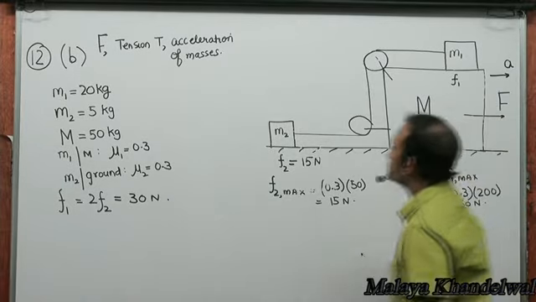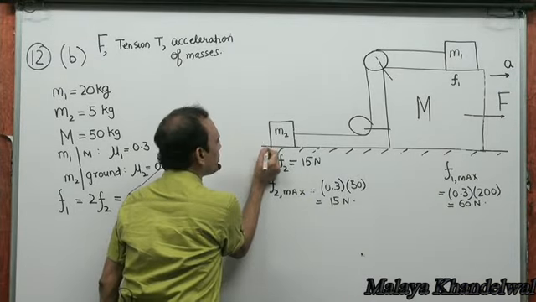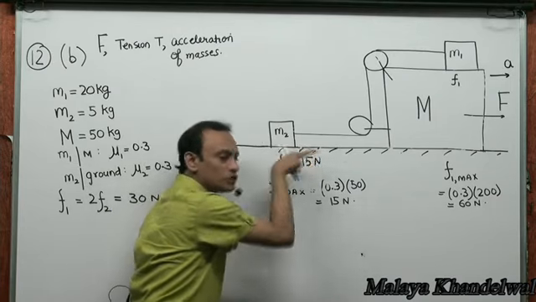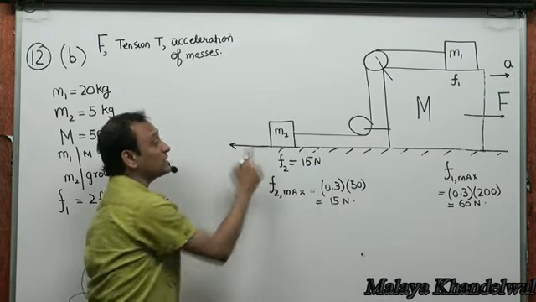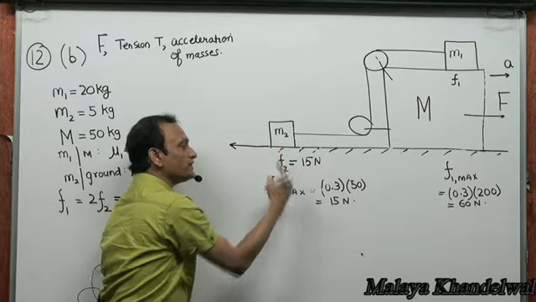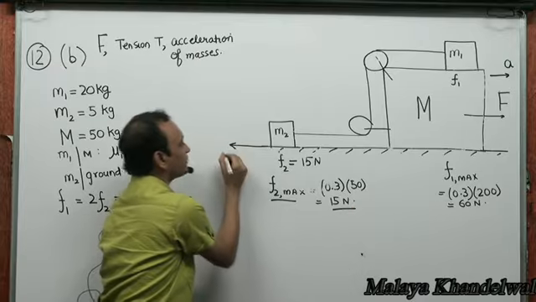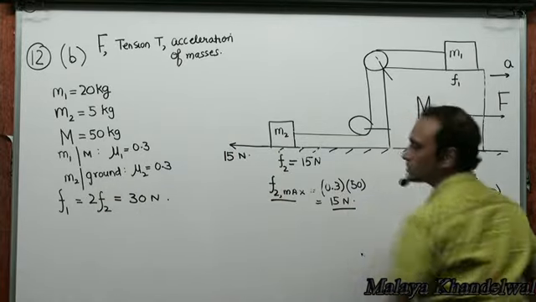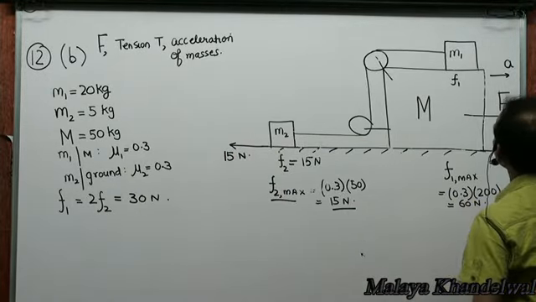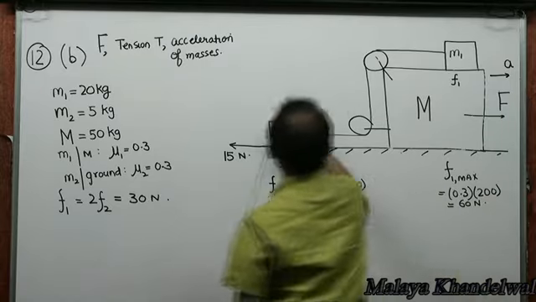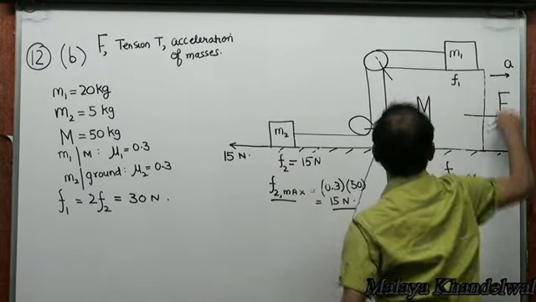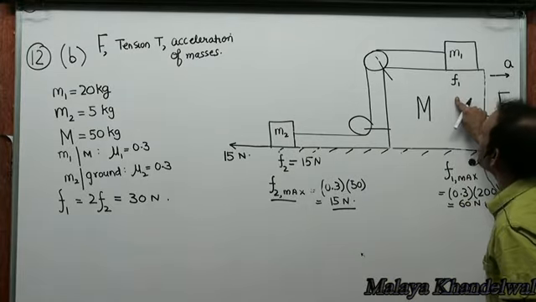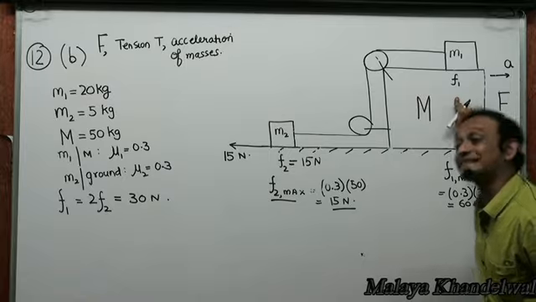Yes or no? Now, if I look at the free body diagram which involves all three masses, since M2 is moving rightwards, it's not staying static. The frictional force between M2 and the ground must have reached its maximum static value of 15 newtons. If I apply Newton's second law to this entire unit, whatever happens between M1 and capital M is internal.